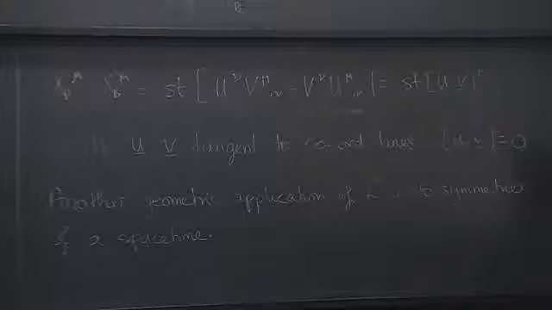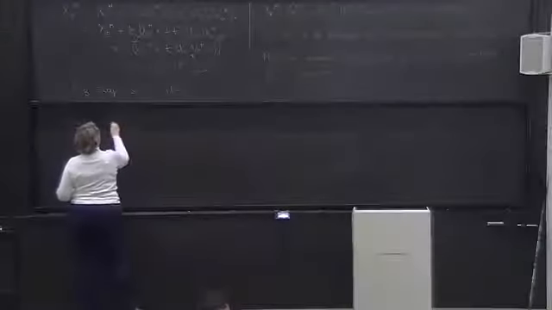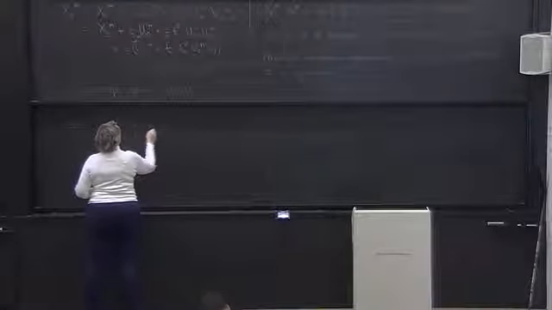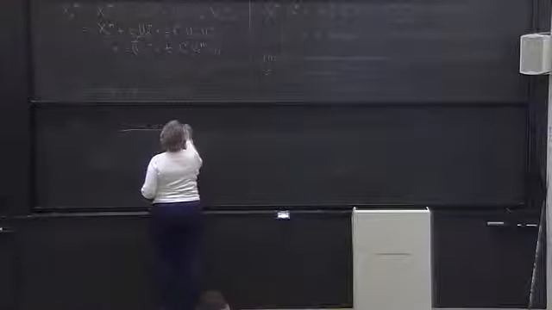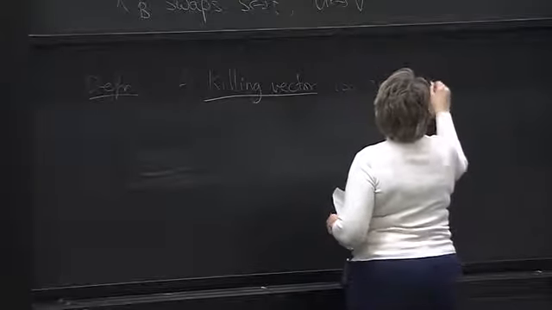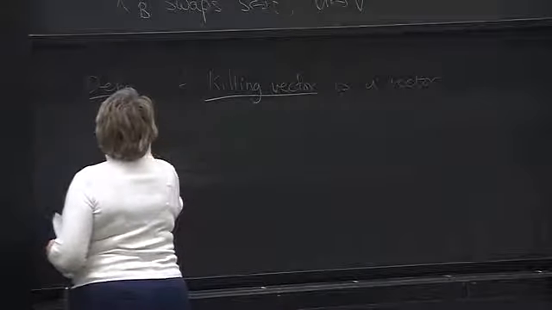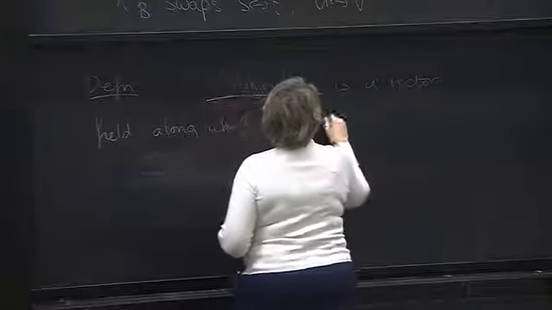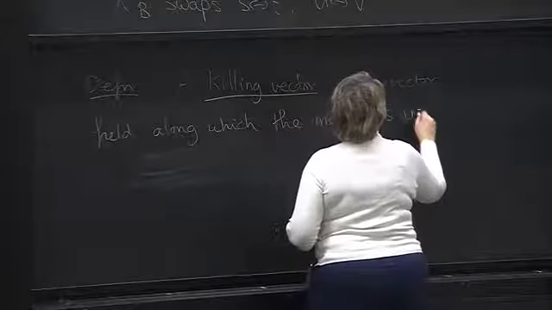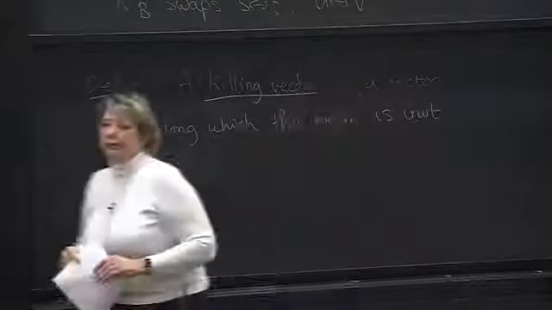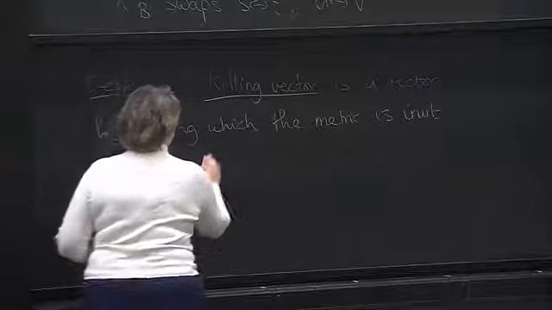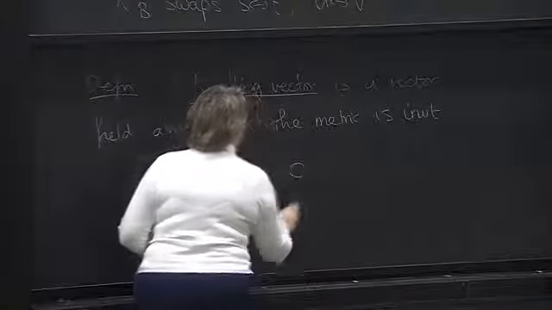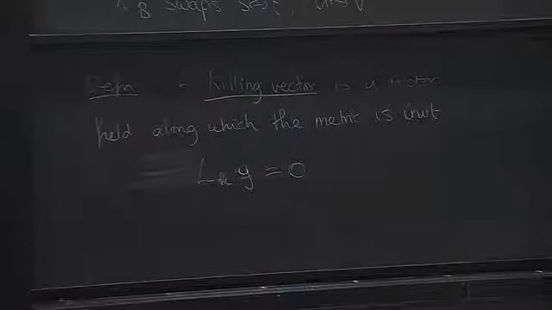So I just want to introduce a definition: a Killing vector is defined as one along which the Lie derivative of the metric vanishes. And it represents a symmetry of the space-time.